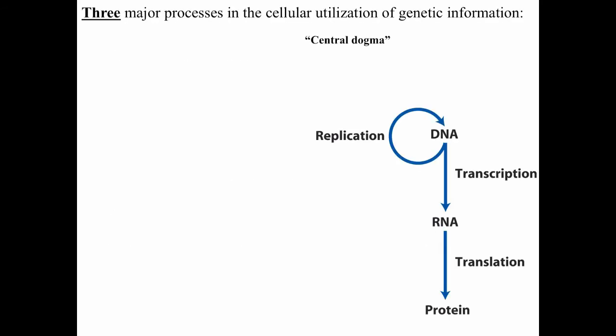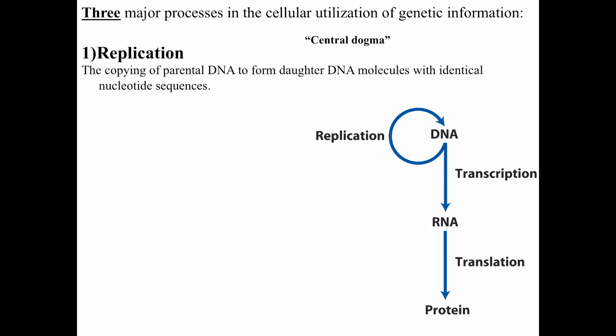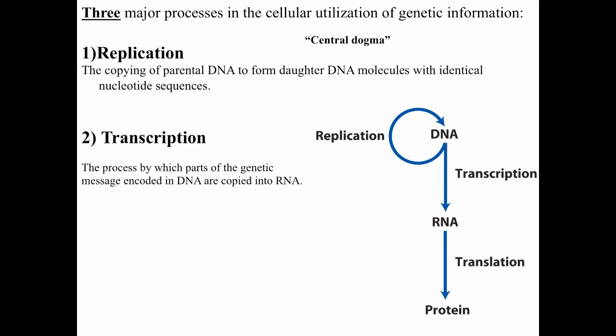There are three major processes that the cell uses for using the genetic information. This is essentially called the central dogma, which you probably heard from your biology 120 or your genetics class. Replication is the process by which the DNA of a parental strand is copied into daughter DNA molecules that are identical in sequence.